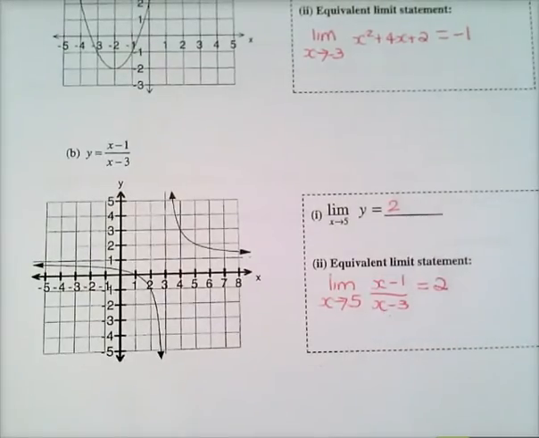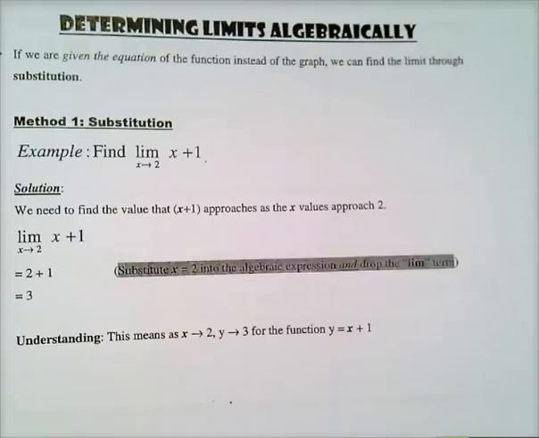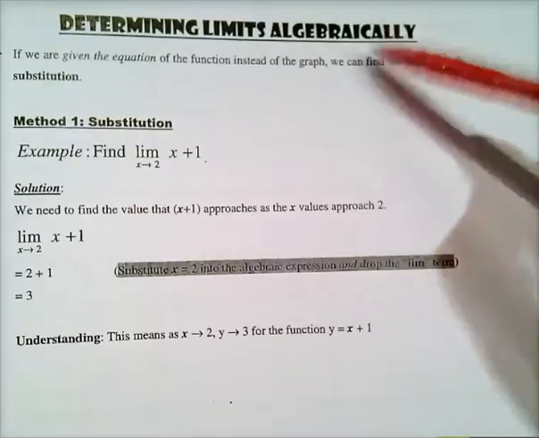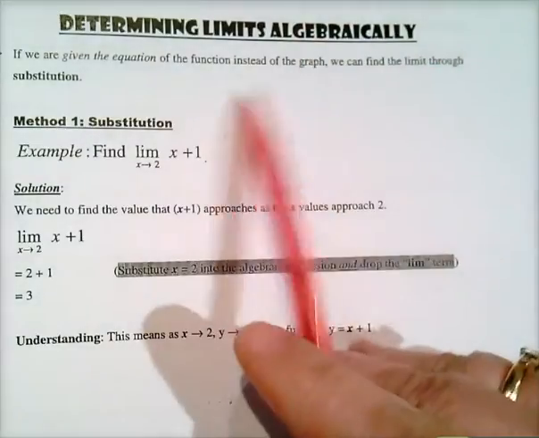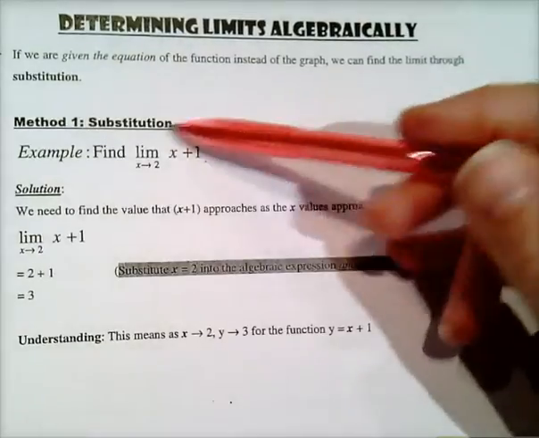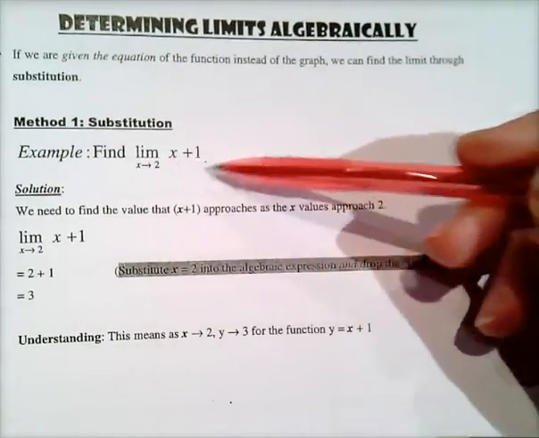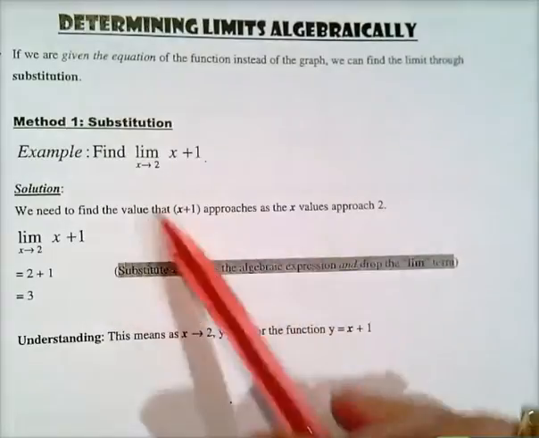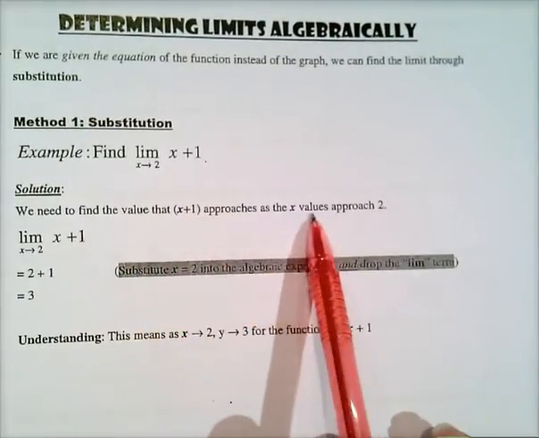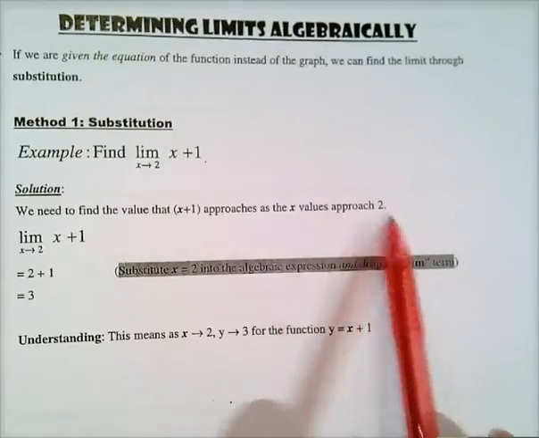All right. Now turning over the next page again, this is determining limits algebraically. If we're given the equation of a function instead of the graph, we can find the limit through substitution. For example, find the limit as x approaches 2 of this function x plus 1. So we need to find the value that x plus 1 approaches as the x value approaches 2.